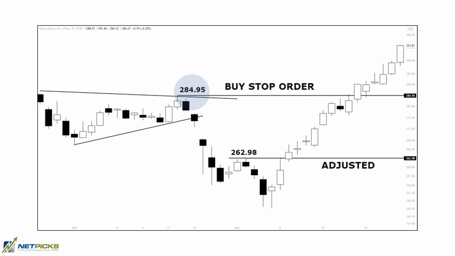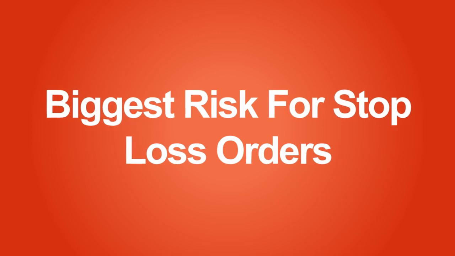In this one, I'm just going to use the high, placing the initial buy stop order to exit for a loss if price rallies right against you. $284.95 is the price. As the market continually moves down, a trailing stop method would have your final adjusted exit when the current market price became $262.98. That would be your stop loss order.